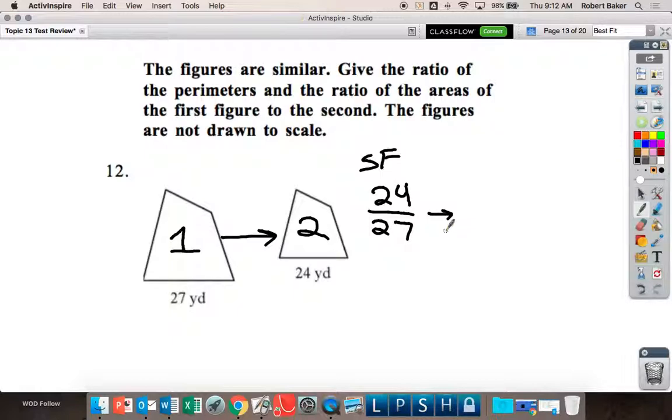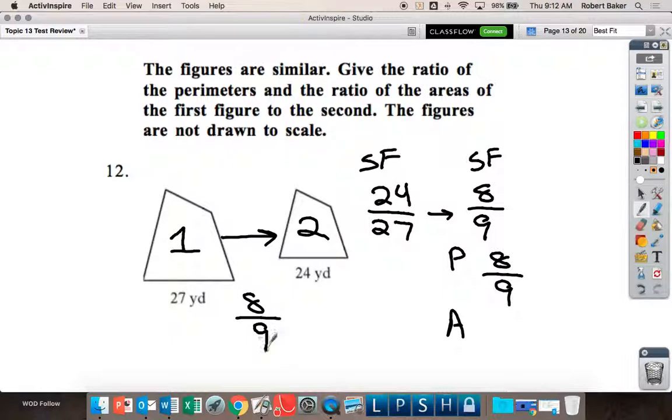Yeah? So our scale factor is 8 over 9, which means that our ratio of perimeters is the exact same thing. And our ratio of areas is calculated by doing the scale factor squared. So 8 squared over 9 squared, which is 64 over 81.